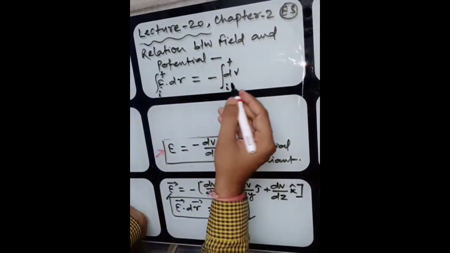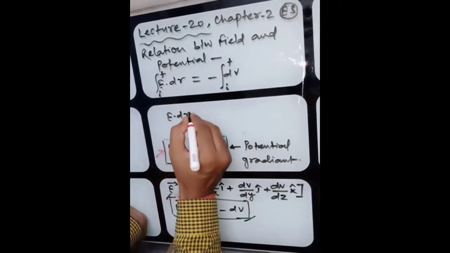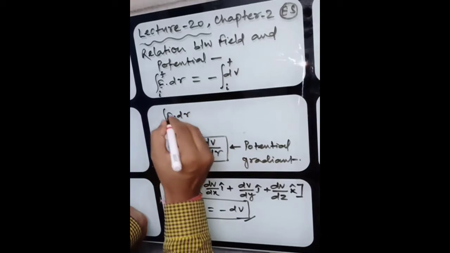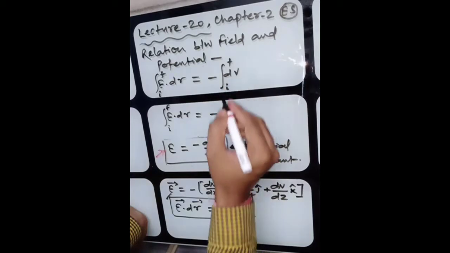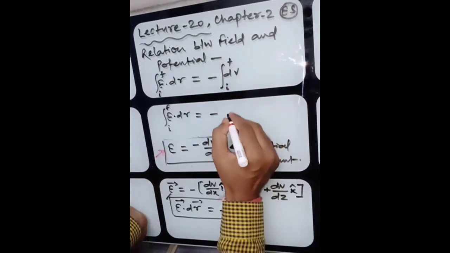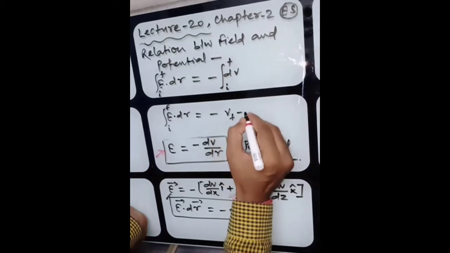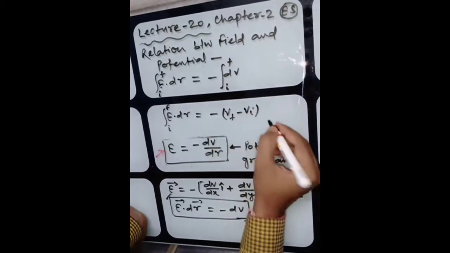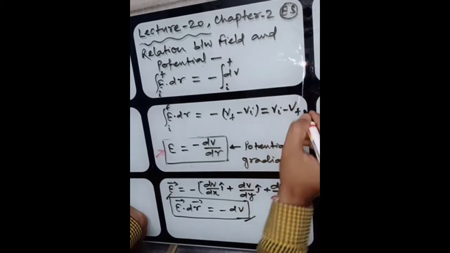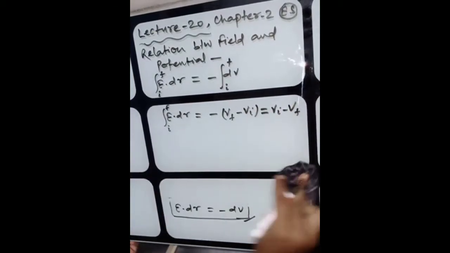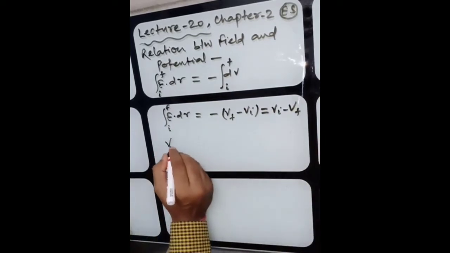Or you are writing this way, E dot dr from initial to final, minus, and this dV can be written as V final minus V initial, and this minus can be compensated as V initial minus V final. Finally, you should remember this very helpful formula, V initial minus V final.